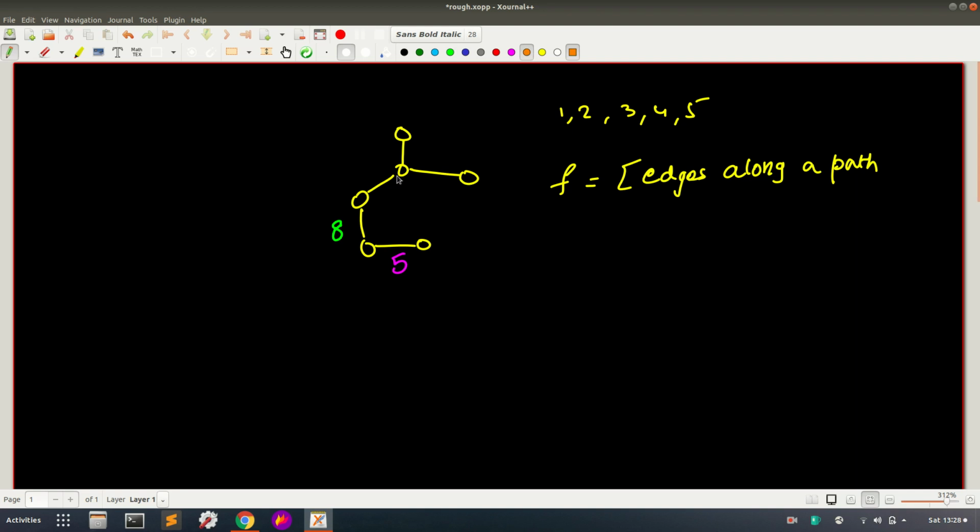For this particular edge it's going to be 3 multiplied by 3, which gives us 9. For this edge it's going to be 5 of these and 1 of these, so it's 5. And for this edge also, since it's a leaf, it's going to be 5. Let's use a different color.